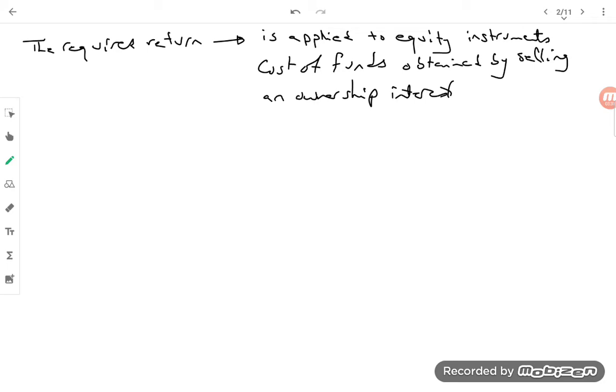Interest rate determination, or the equilibrium interest rate. How is interest rate determined in the market?